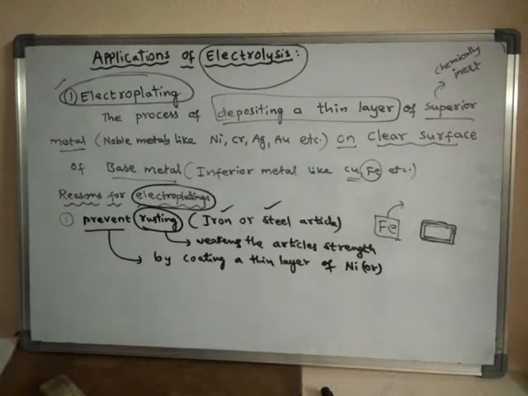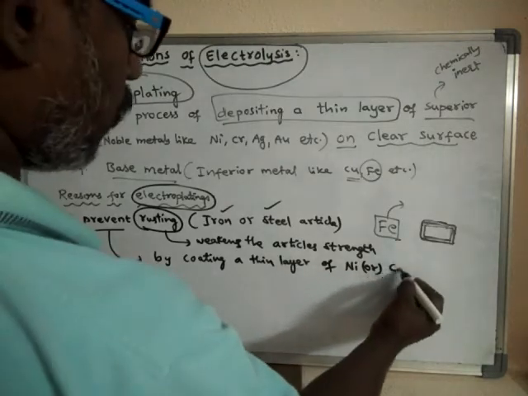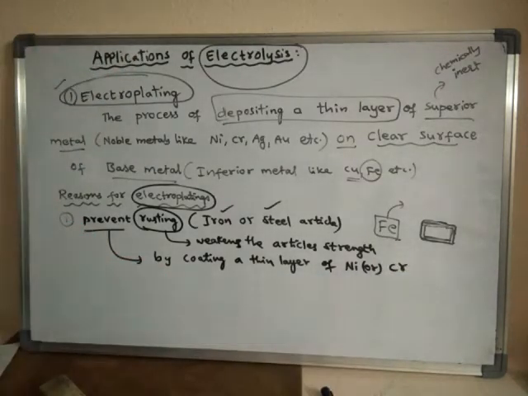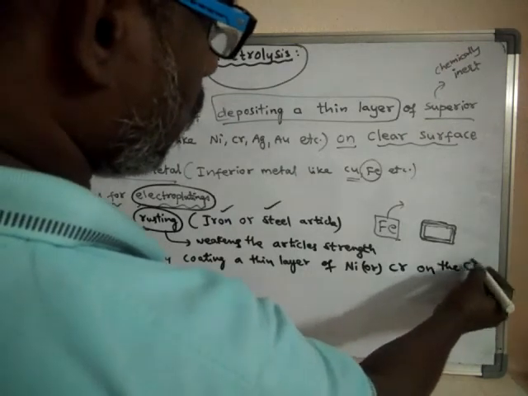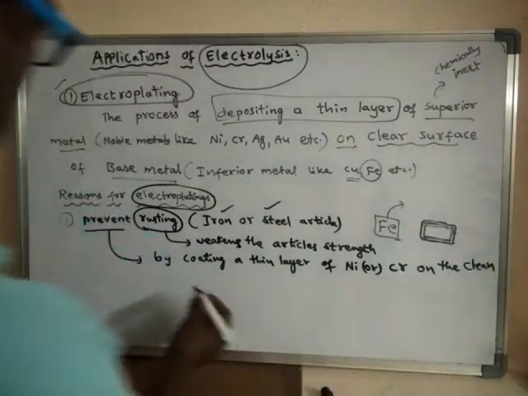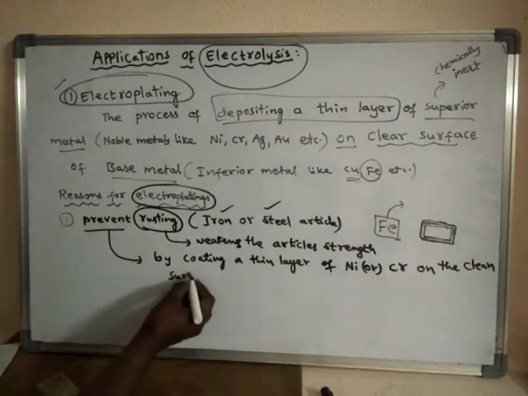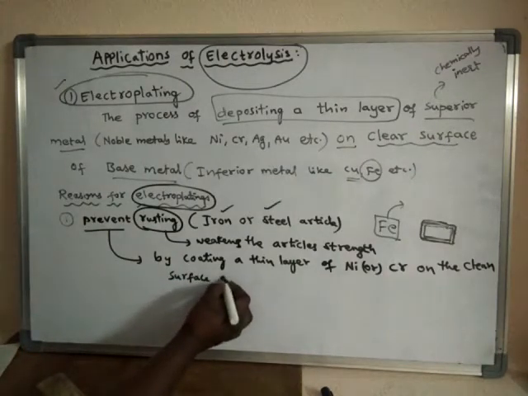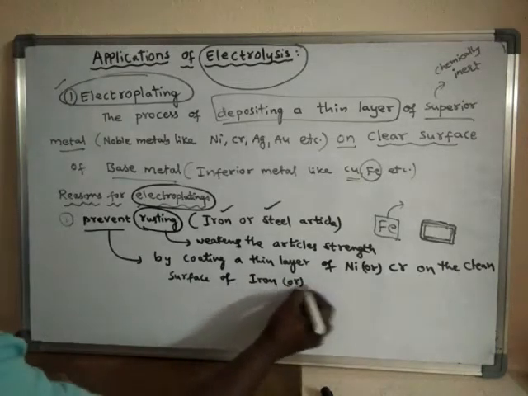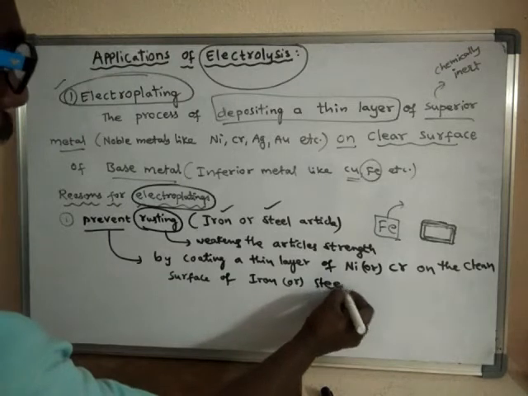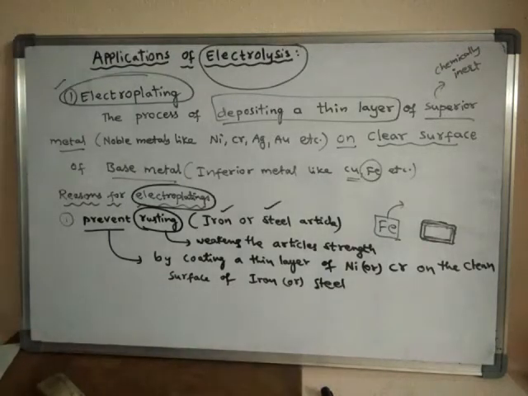Generally we coat the steel or iron either with nickel or chromium, on the clean surface of iron or steel articles.